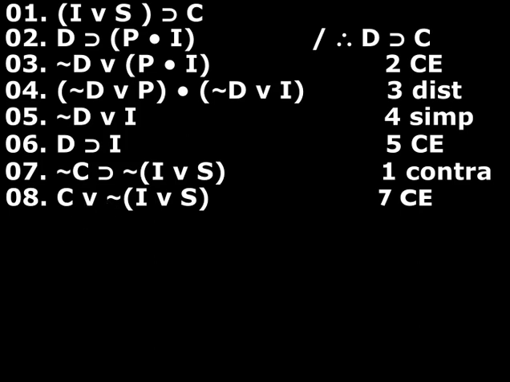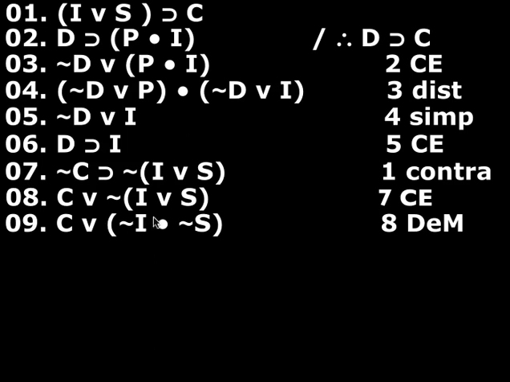Now remember, De Morgan's lets me turn a negated disjunction into a conjunction. Negated disjunction becomes a conjunction. Wedge becomes dot, both components get negated, I becomes not I, S becomes not S, and then I negate the entire thing.